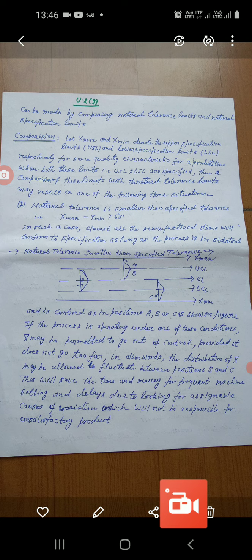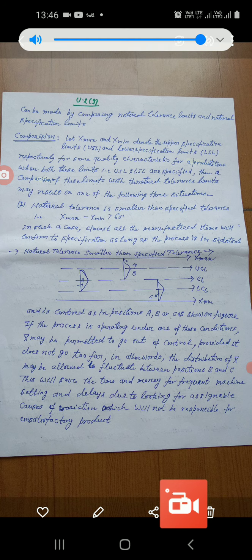Means if there is anything to be improved, it may be done by comparing natural tolerance limit and natural specification limits. Okay, now we do the comparison.